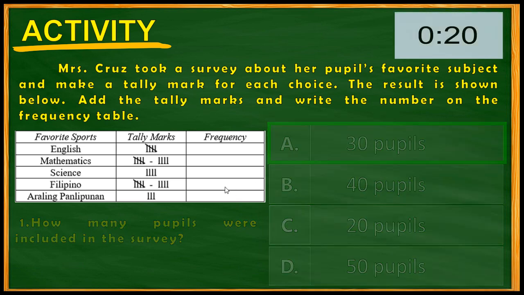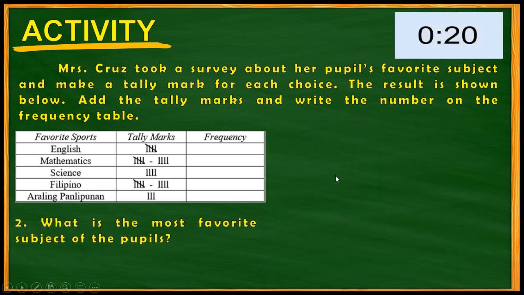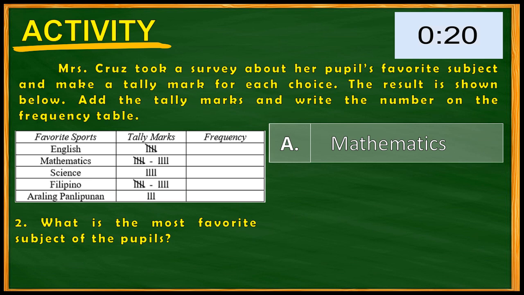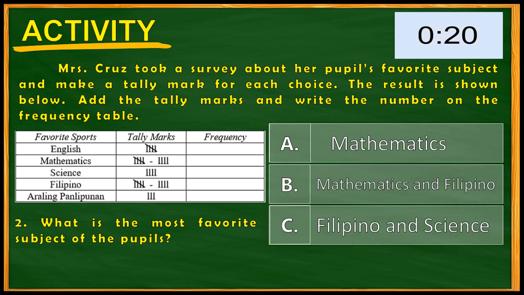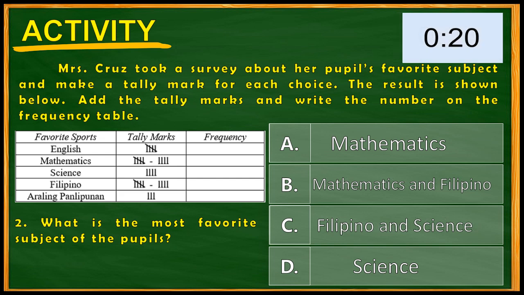And then, for question number 2, what is the most favorite subject of the pupils? You have 20 seconds. Your timer starts now. This would be letter A, B, C, or D. Is it mathematics? Is it mathematics and Filipino?